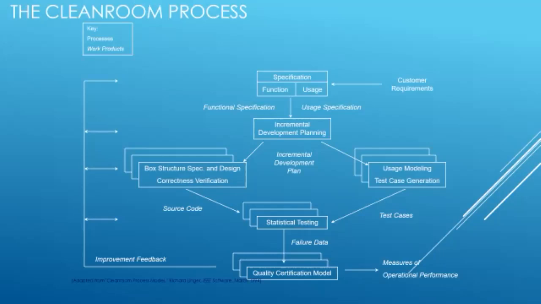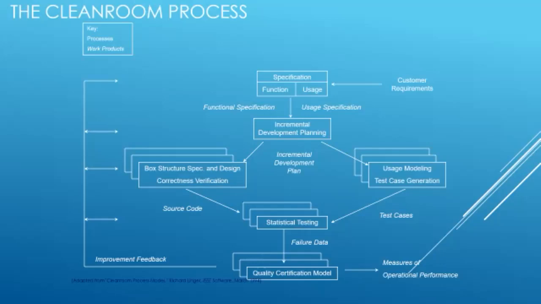It goes to the next, that is incremental development planning, which is divided further into two: box structure specification and design correctness verification, and the second one is usage modeling and test case generation.